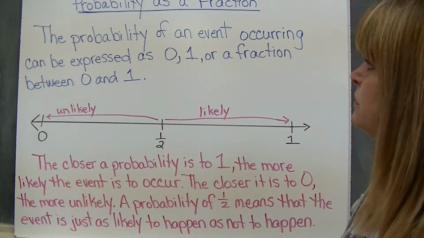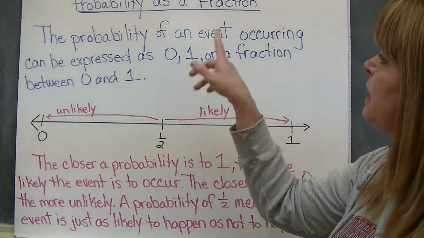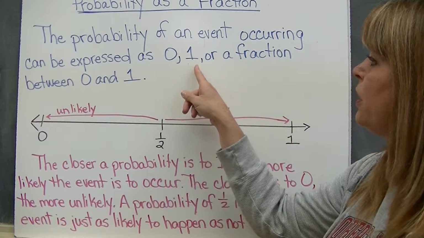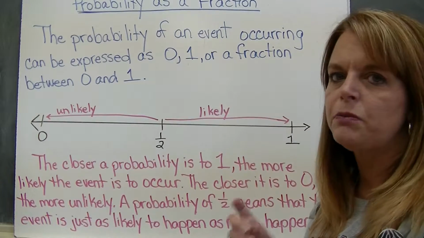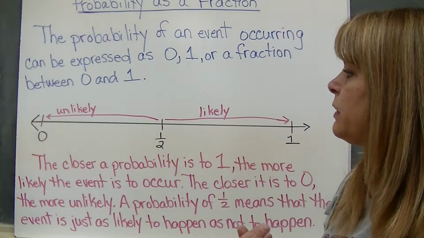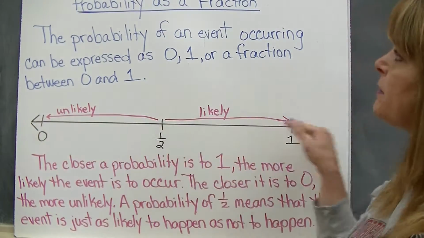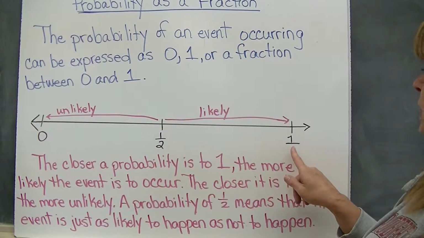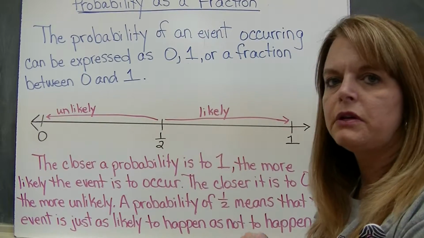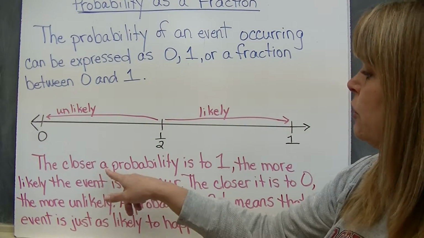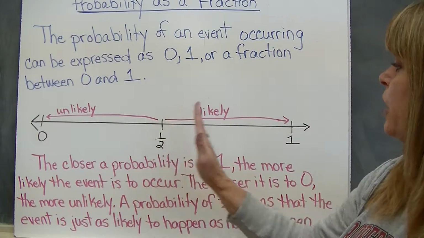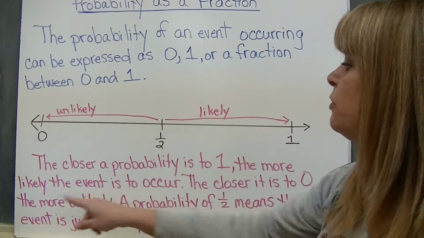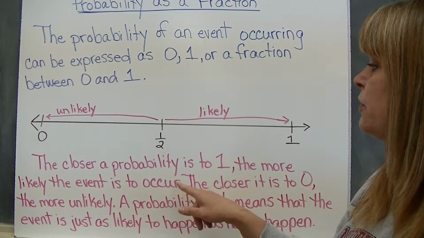Probability is a fraction. The probability of an event occurring can be expressed as 0, 1, or as a fraction between 0 and 1. Okay? So if I were to put my probability on a number line, here's 0, here's 1, and right in the middle is 1/2. The closer a probability is to 1, this way, greater than half, the more likely the event is to occur.